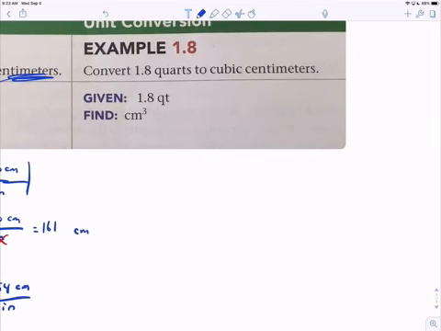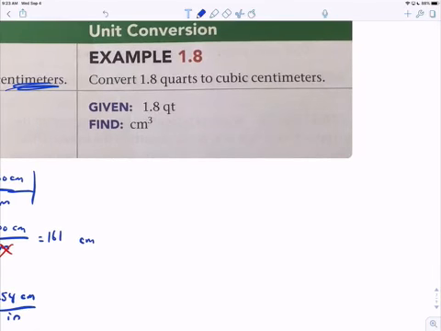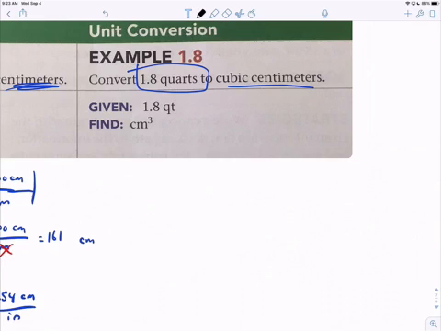One more time: 1.8 quarts to cubic centimeters. What's the given information? We are given a volume, and we want to convert it to other units. I'll do it in a different color for this one. Start off with our given information.